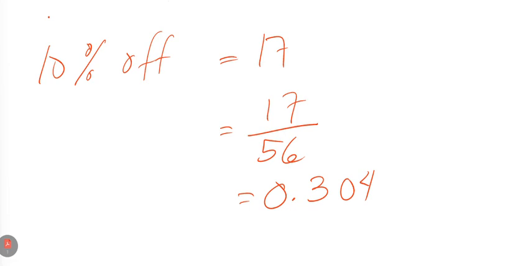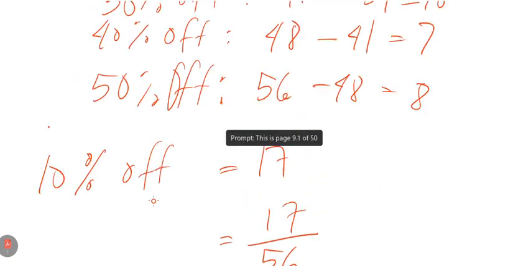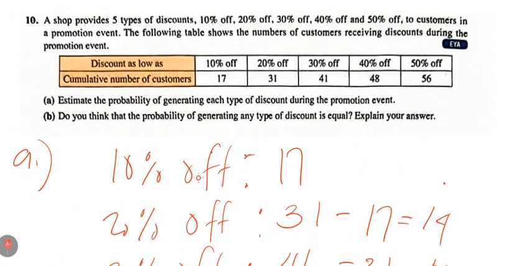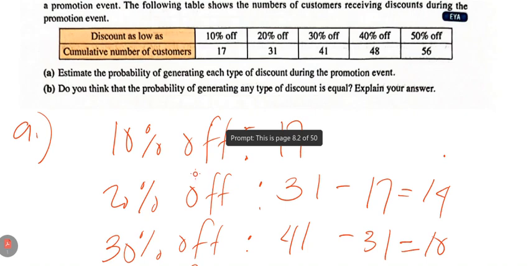Now, for the estimated decimal probability, we're going to find each type of discount during the promotion.